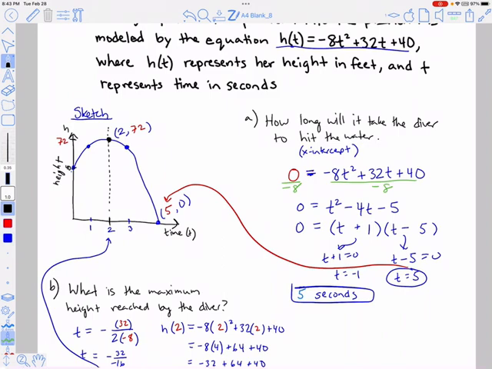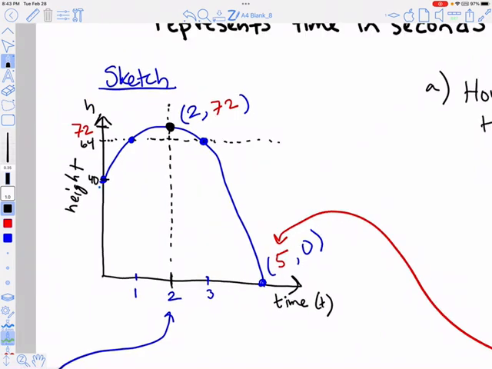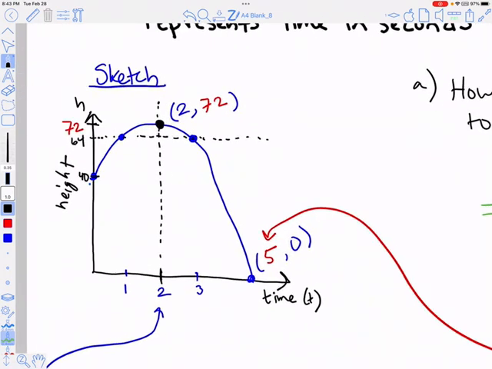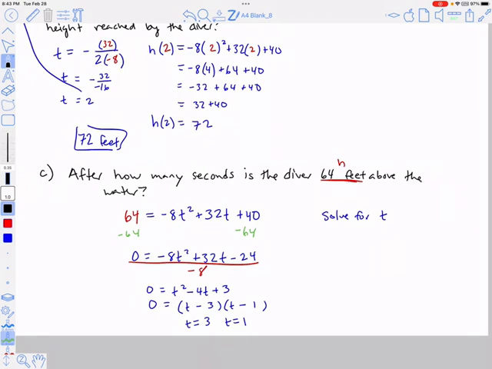So you can see how a function and these equations can actually represent something. So I've found the two places, or the amount of time that it's going to take to hit 64 on the upswing and then again on the downswing. So at 1 and 3 seconds would be my answer here.